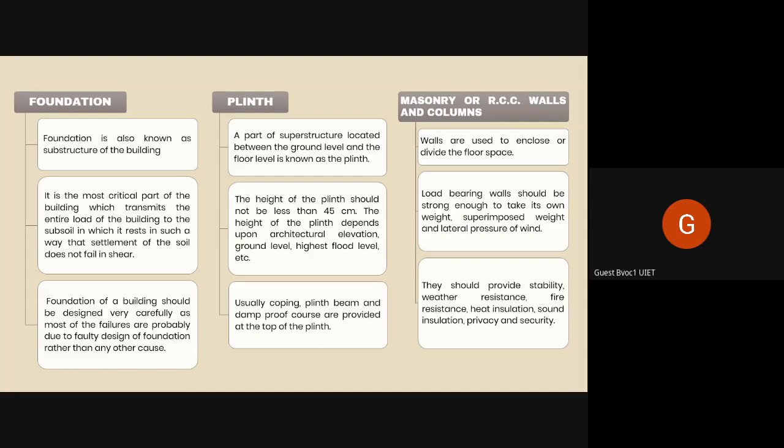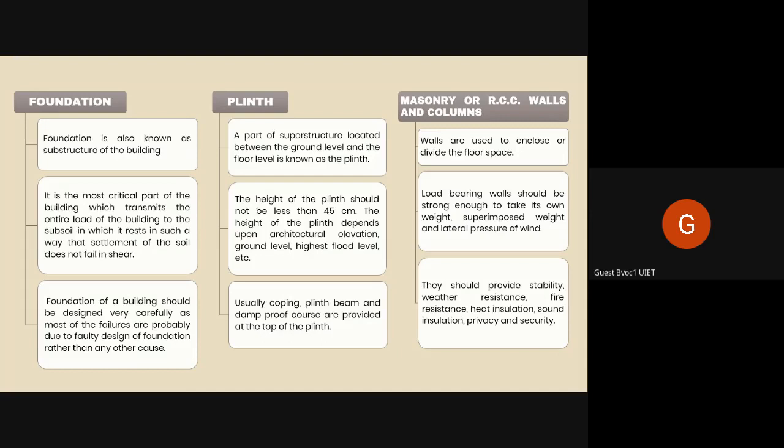Walls provide an envelope of protection around the building, around the living space, for the occupants. So walls are used to enclose or divide the floor space. We have walls around the building and inside the building. Outside external walls provide an envelope, and the internal walls divide the floor space into different rooms or spaces.